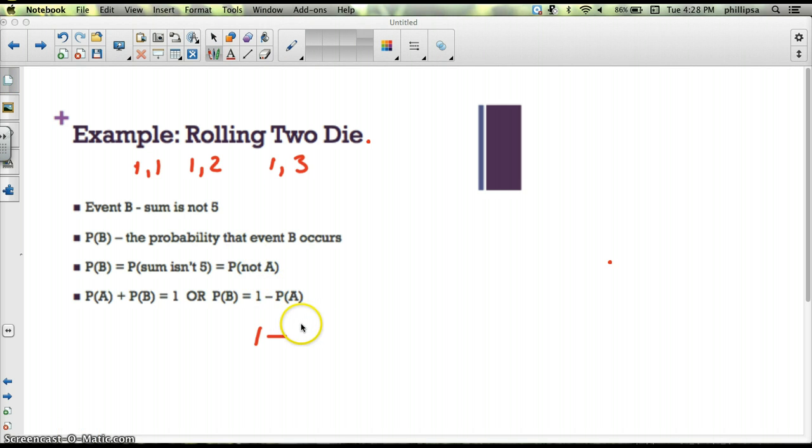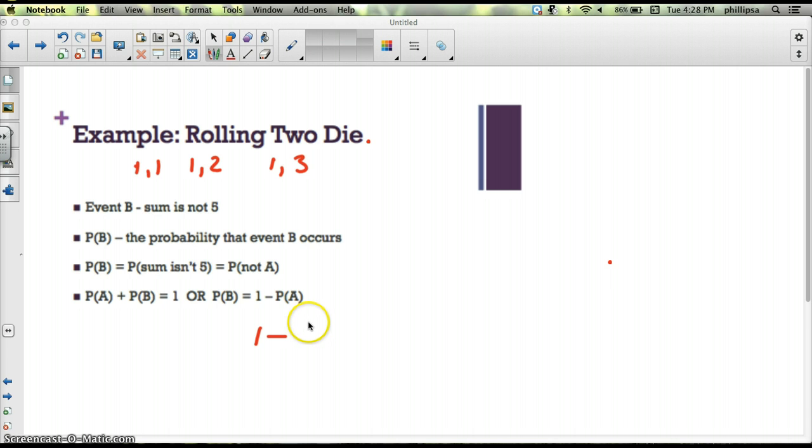So this is the idea of complements that we will speak about in the next video. It's probably much easier to do 1 minus the event that would actually occur because your probabilities have to total 1.